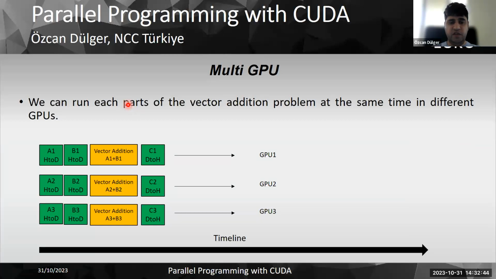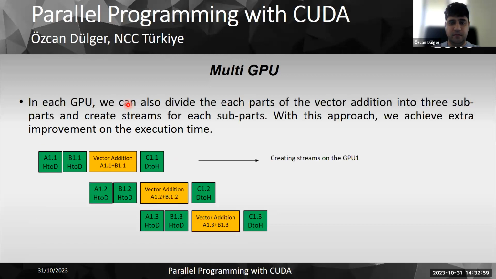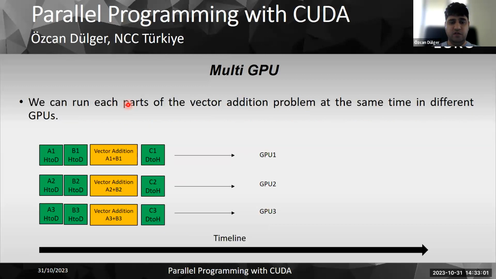In our first example, vector addition, we can also use 3 different GPUs in order to run at the same time. Further, we can also apply pipelining on each part of the data, on each part of the vector addition.